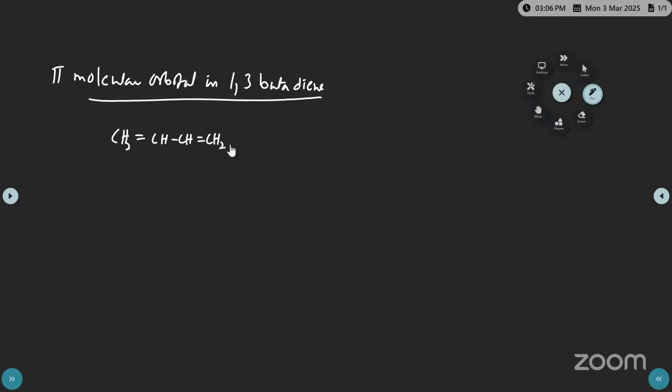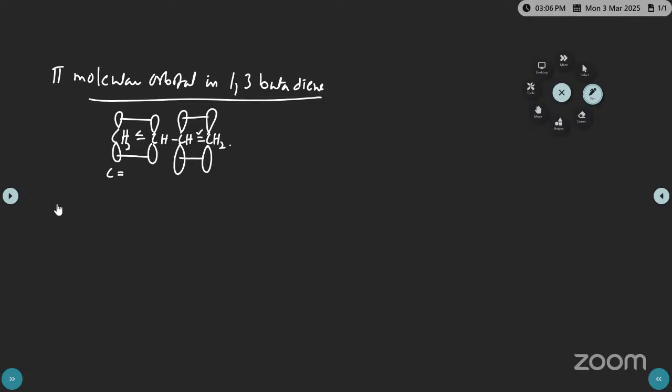Generally here the pi bond is formed by the p orbital on this carbon and similarly the p orbital on this carbon. By overlapping like this, a pi bond is formed.